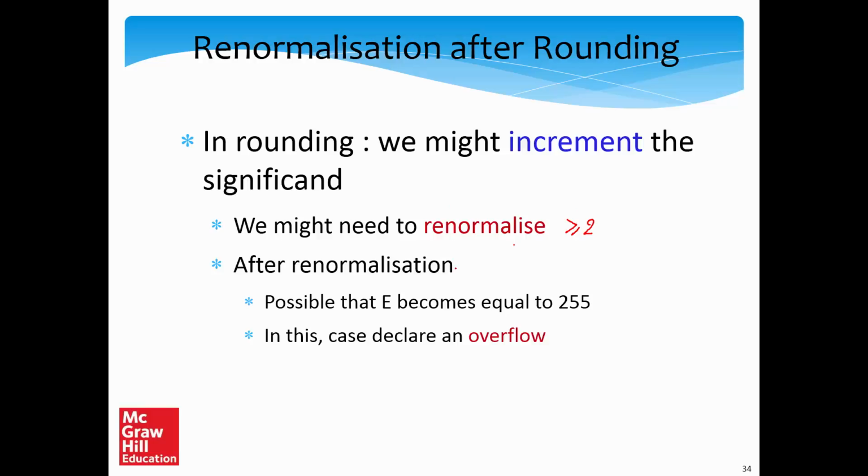After renormalization, it's again possible that the exponent field E becomes equal to 255, which is actually an invalid value because 255 can signify two things, either not a number or plus minus infinity. In both cases, it's not a valid number. So we need to declare an overflow, which means that the result cannot be represented with the number of bits that we have. Essentially the number overflows the range of the number system.